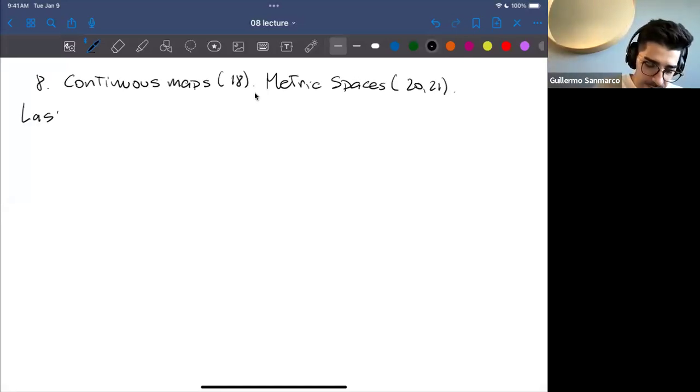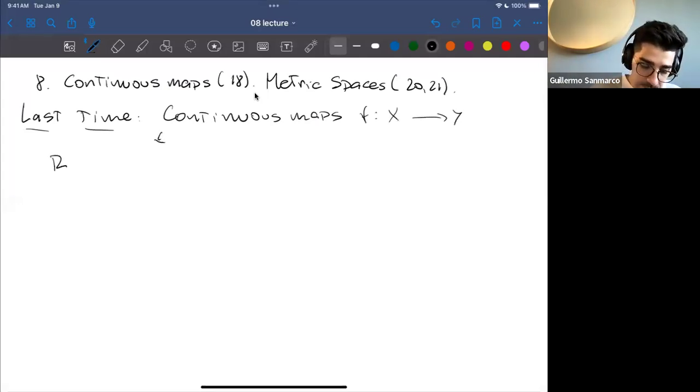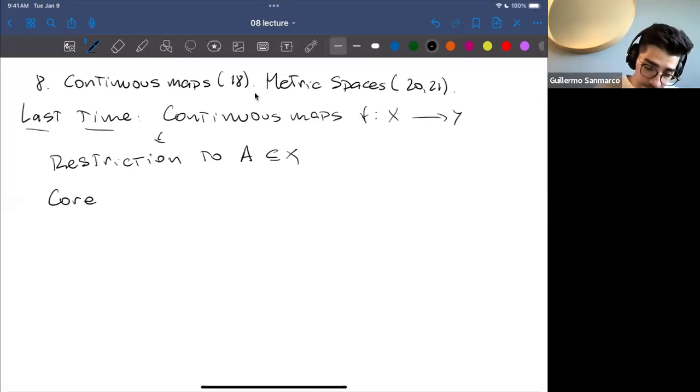So last time, what we did was continuous maps, and for the last part of the lecture, I focused on this. The continuous map will look something like f from X to Y, and I introduced restriction to some subspace, and then we also discussed co-restriction to some subspace of the codomain.